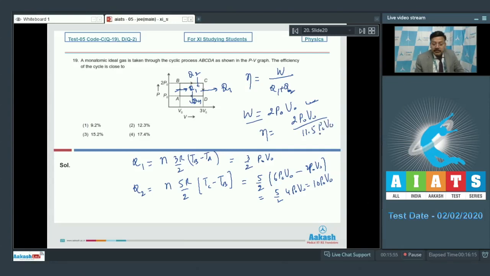And if we want it in percentage, then we have to multiply it by 100, and then in percentage terms, this is what we shall get. So we can see that the P0 V0 terms cancel, and on simplification, this is coming out to be equal to 17.4%. So this is coming out to be 17.4%, and that means option 4 is correct for question 19. Let's go to the next question now.